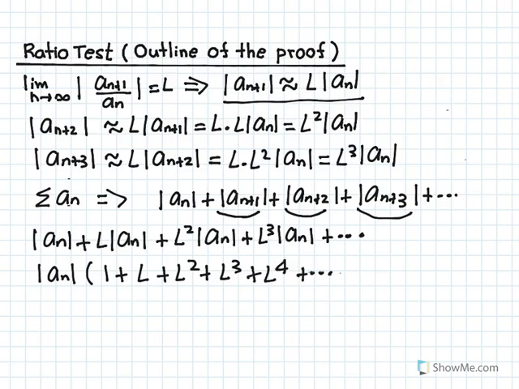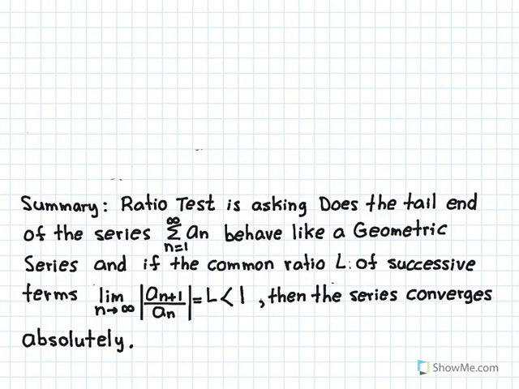So we can see that this part is a geometric series with common ratio L. What we have is the absolute value of a sub n times 1 plus L plus L squared plus L cubed plus L to the 4th, and so on.